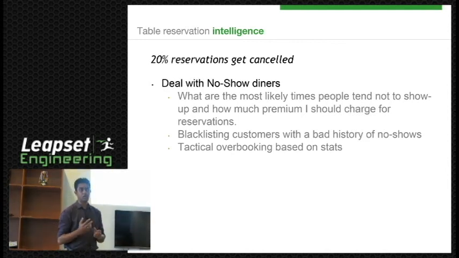And right now, merchants use overbooking as a tactic actually, right? So they overbook expecting no-shows. If you can give them an indication of the amount of overbooking that they should do, then they can make more money.